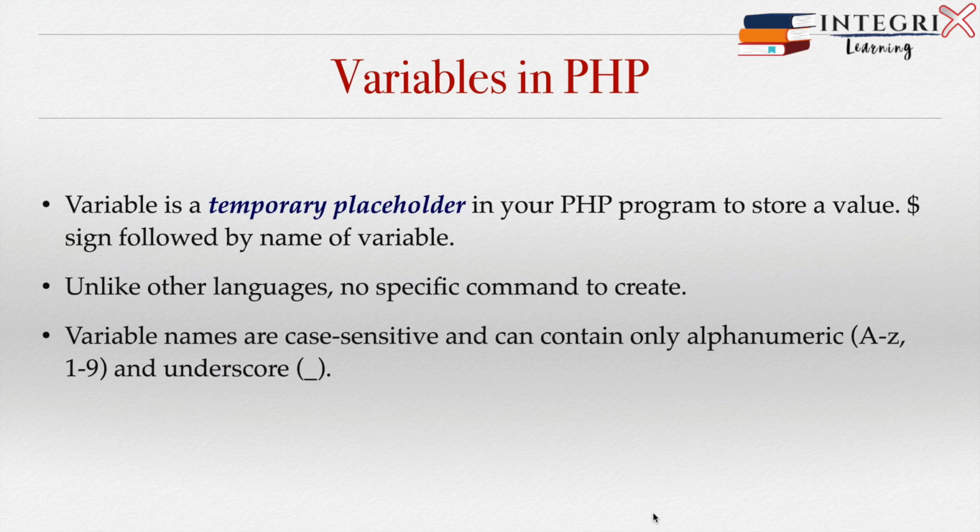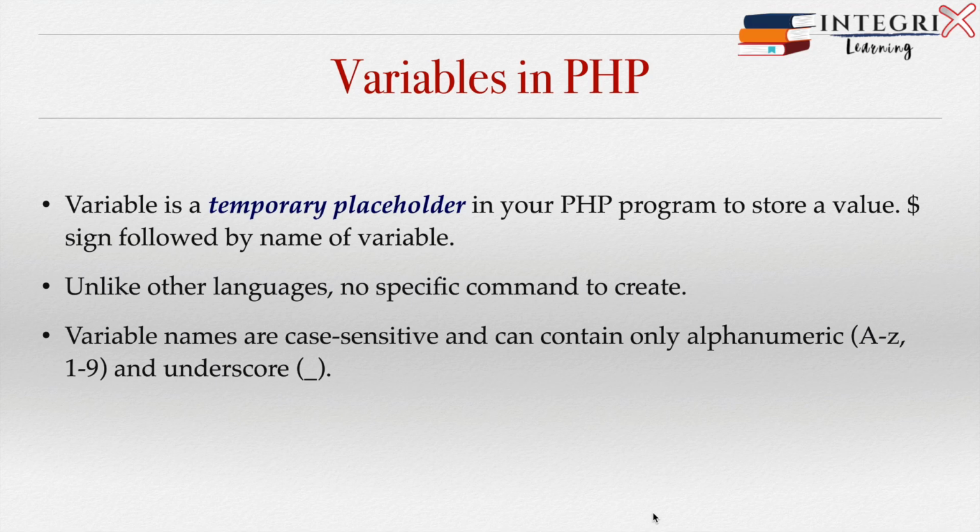When you work on programs or a website to do a definite job, there would be situations where you are doing some calculations and you need some placeholders to store values so that you can display them, synthesize them, and then show them to the user. Variables come handy for all those situations.